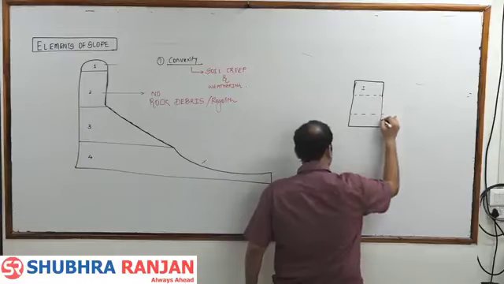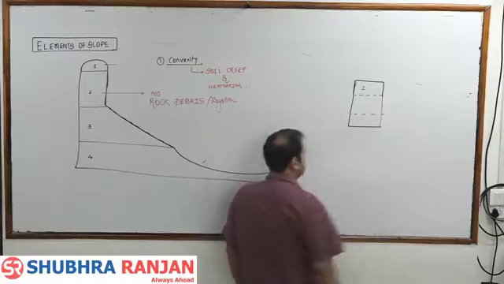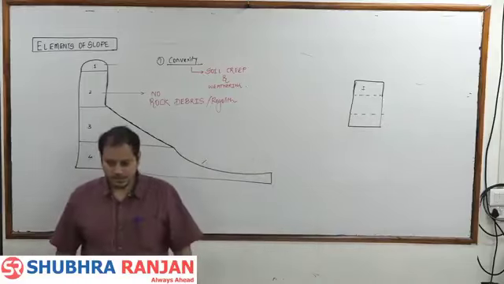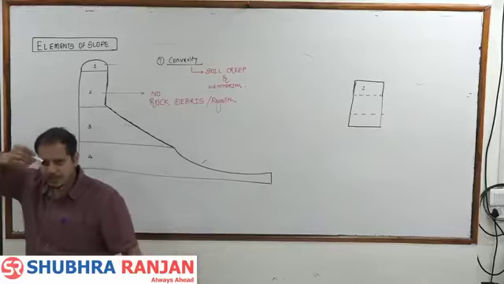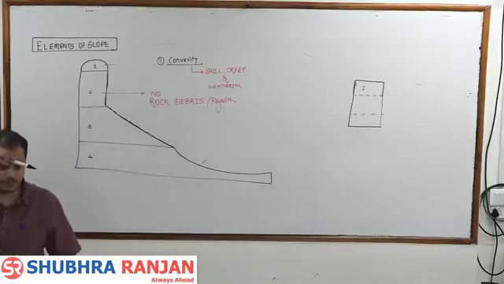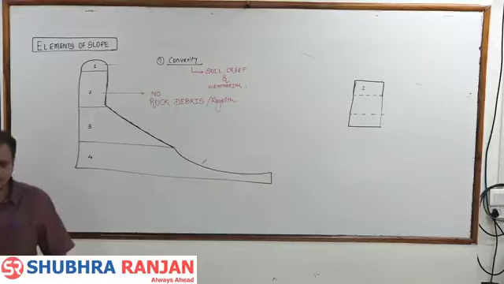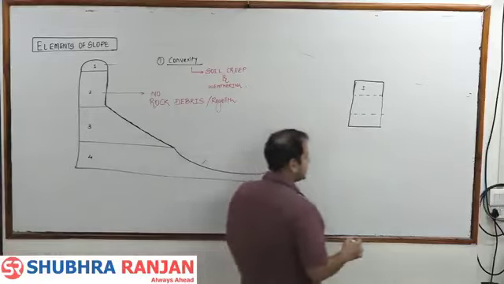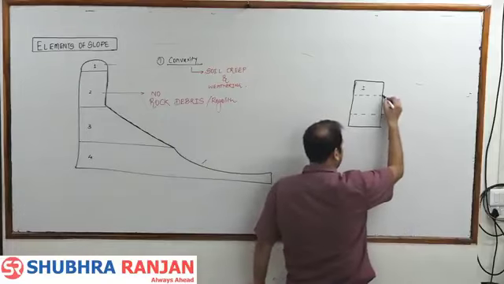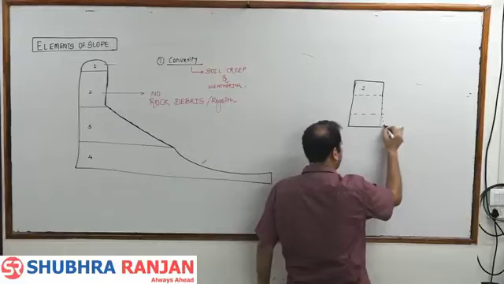Rectilinear slope. What will happen in a rectilinear slope? Constant angle. See how a rectilinear slope is formed. All the weathered material from the free face will get accumulated. This material will be bigger in shape.